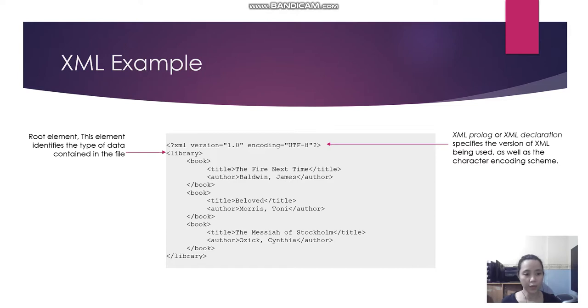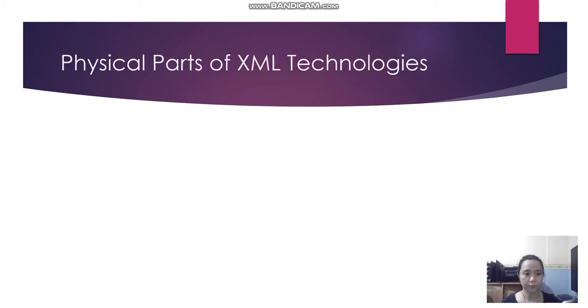And then the root element, which is the library, identifies the type of data contained in the file. Then there are other elements, for example the book, that define the different parts of the XML document. The root element books contains two other elements, which are the title and the author.